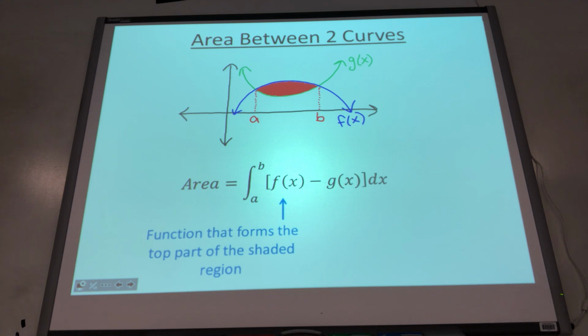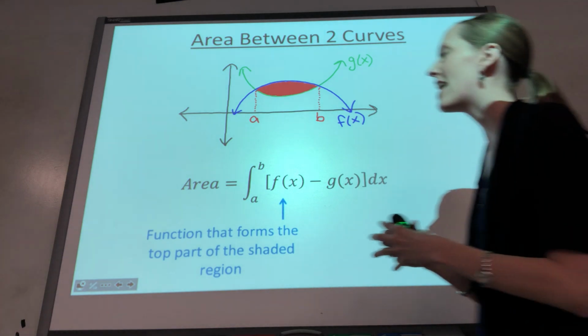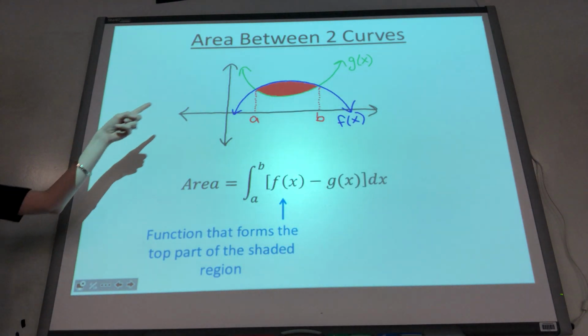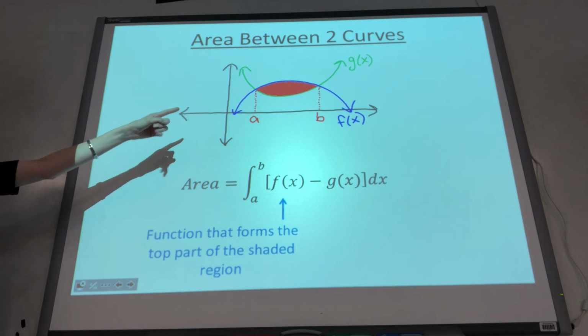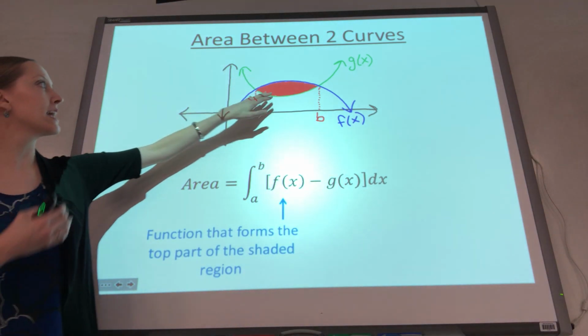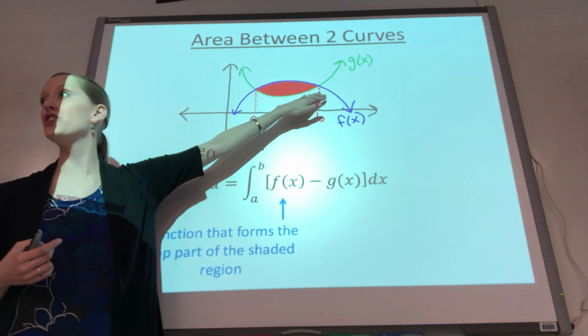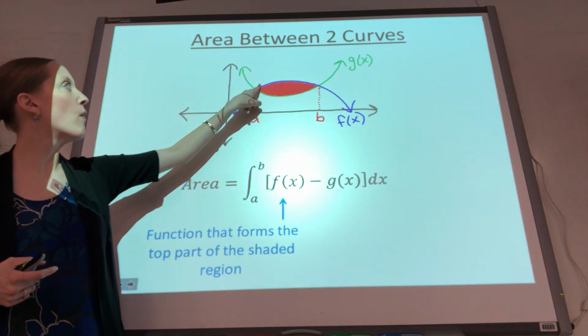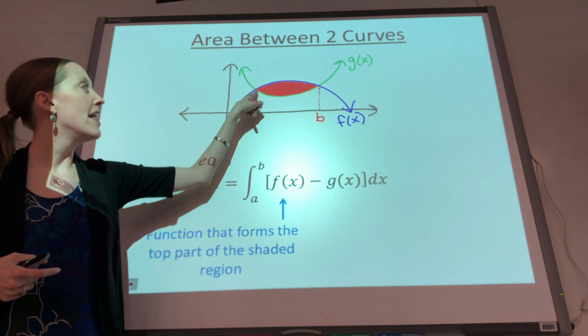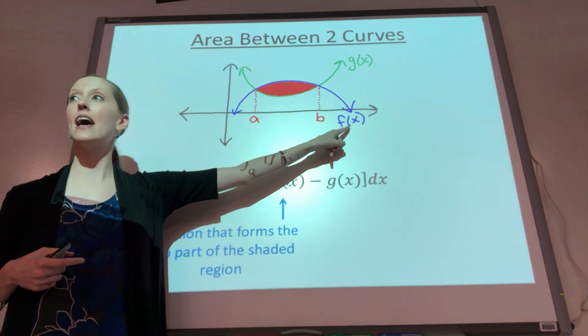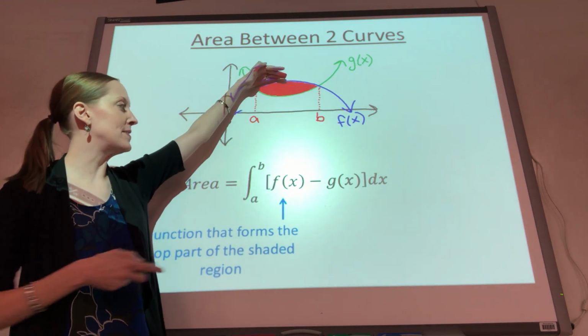That is your f of x. Even though it may not be labeled f of x, that's the function that you have to put first. And so looking at this picture here, and in particular looking at your region, the function that formed the top part, that is what we labeled f of x.